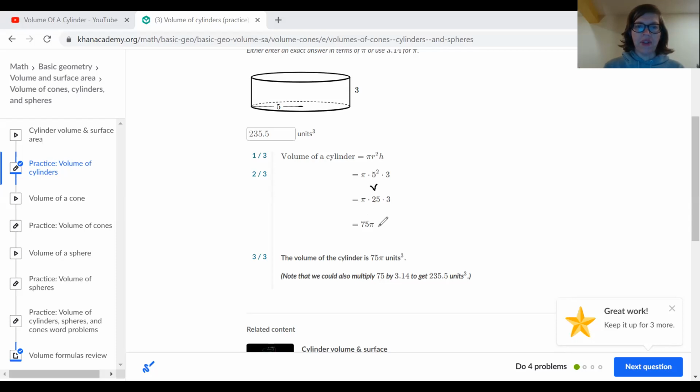And then 75 times pi, right? And we found the actual unit, so that gave you 235.5 cubic units. All right, go ahead and try another problem.